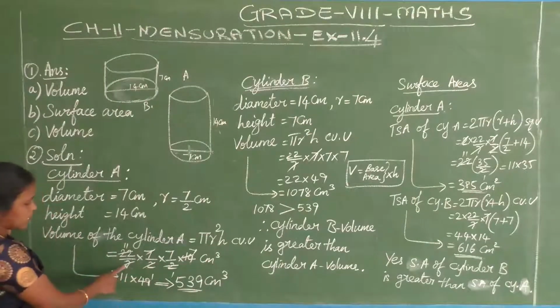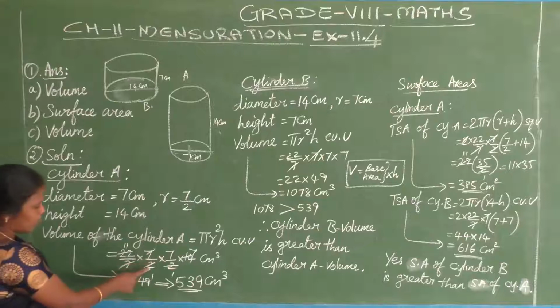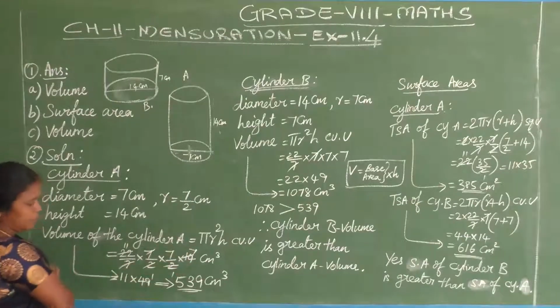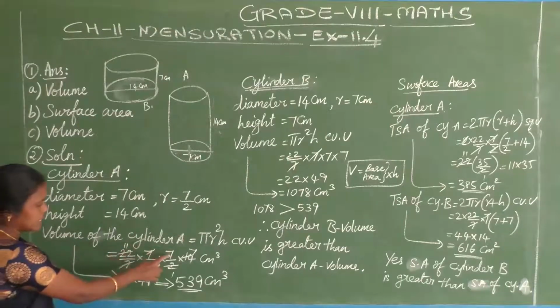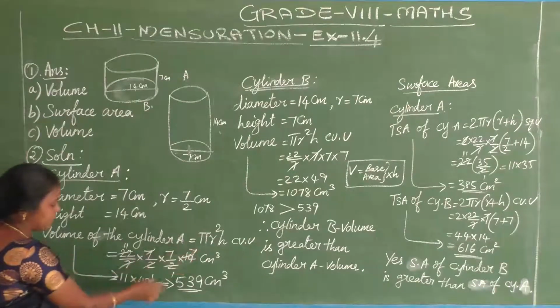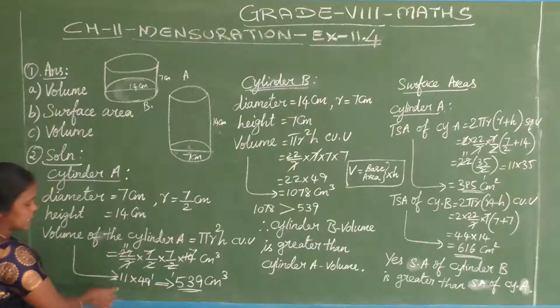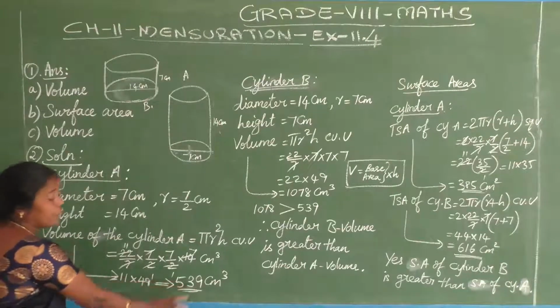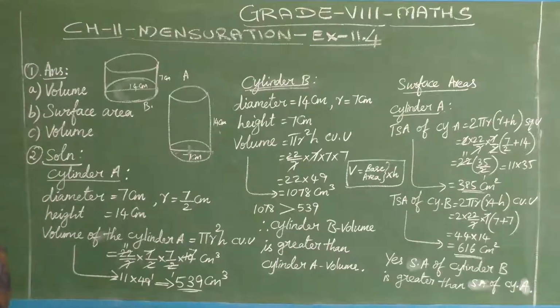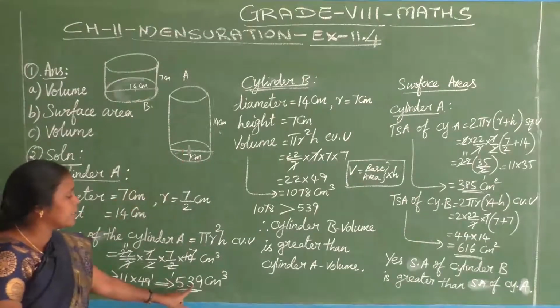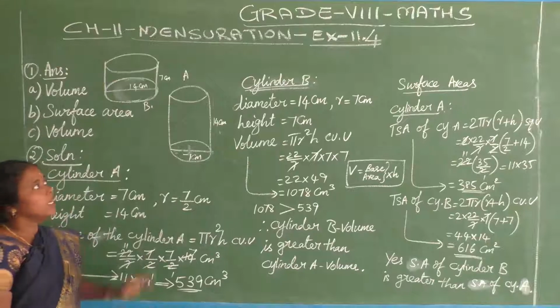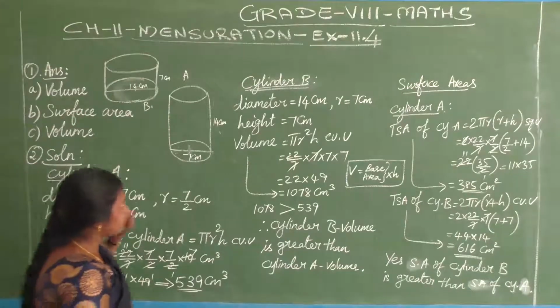Now simplify. 1 7 is 7, 1 7 is 7. 1 2 is 2, 7 2s are 14. 1 2 is 2, 11 2s are 22. So which numbers remain? 11 into 7 into 7. 7 7s are 49, into this 11. 11 into 49, 539 centimeter cube. What is the volume of cylinder A? 539 centimeter cube.